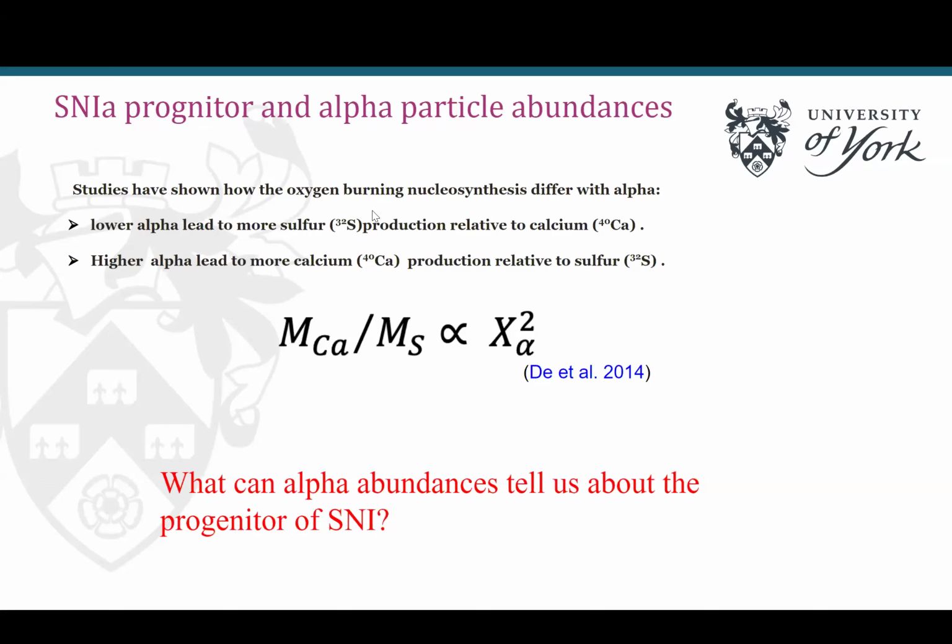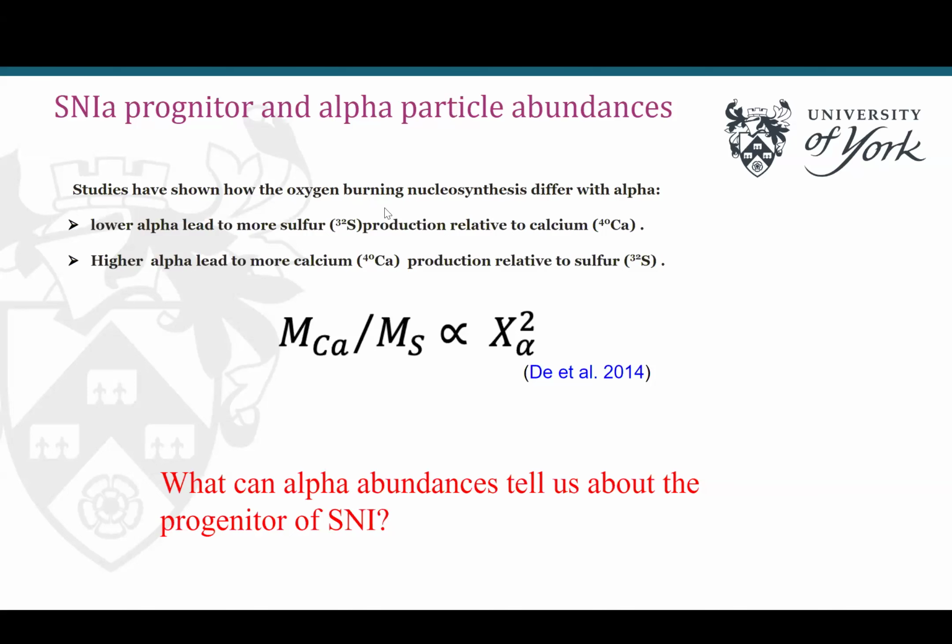But if the alpha particles are few, then the resulting elements will be towards the lower mass elements like sulfur. And it was proved that the ratio of calcium to sulfur is proportional to the alpha particles in the environment.